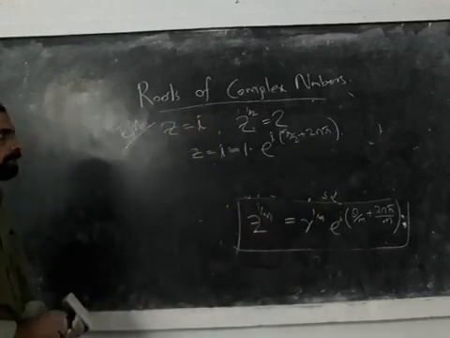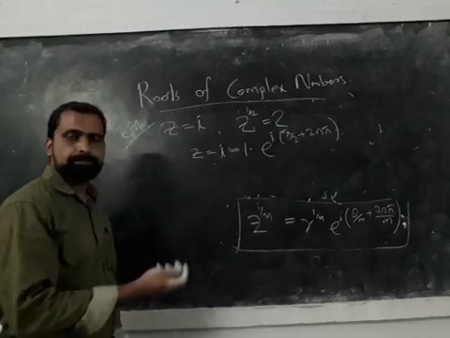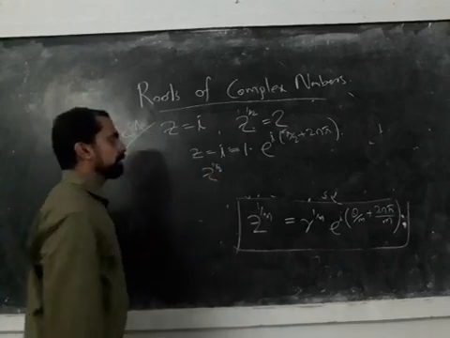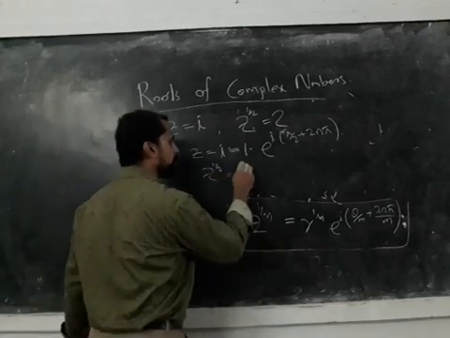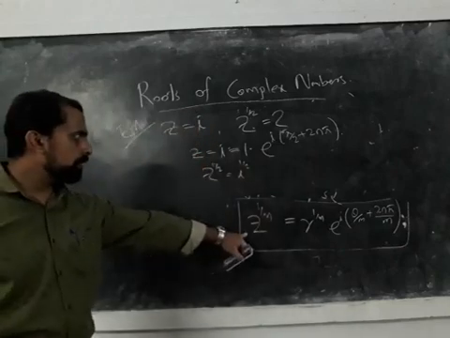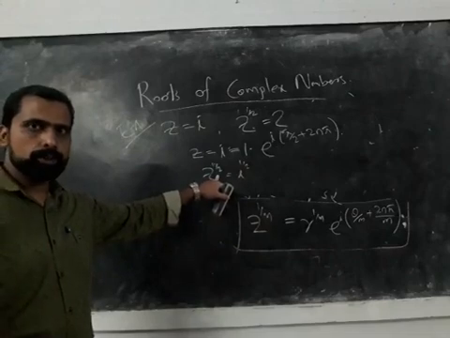Now I need z raised to half, or you can say r raised to half. Here m is nothing but 2, isn't it?